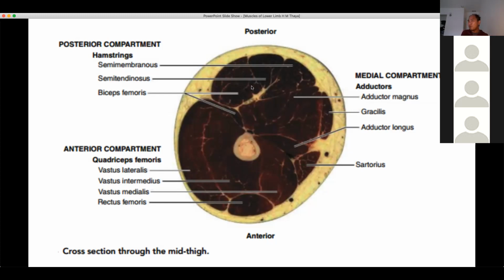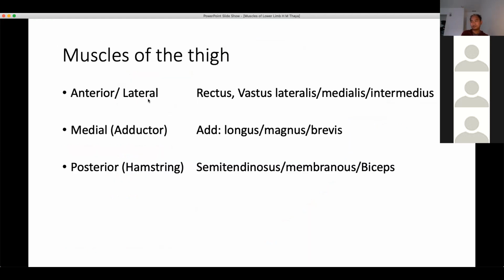Hamstring is the group of muscles which is semi-membranosus, which is more membrane-like, semi-tendinosus, which is more tendon-like, and biceps femoris. We have seen the biceps in our arm, which is what we call biceps brachii. Because it is in the femur, we call it biceps femoris.